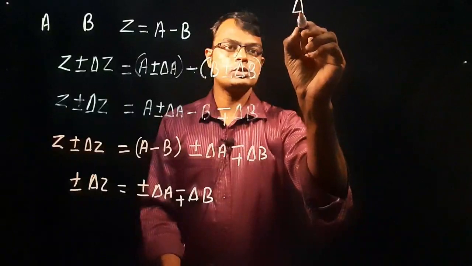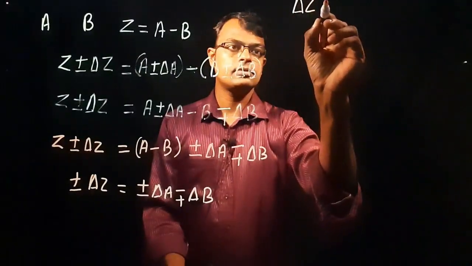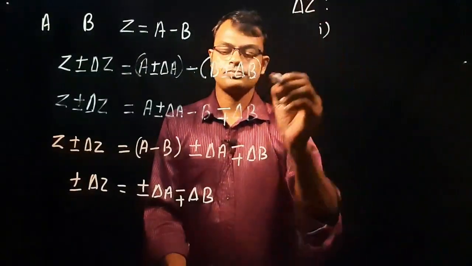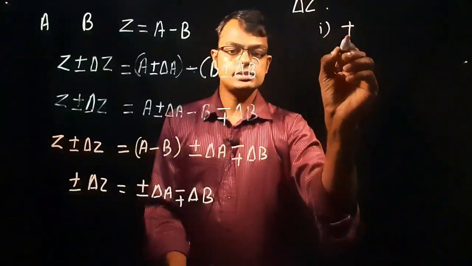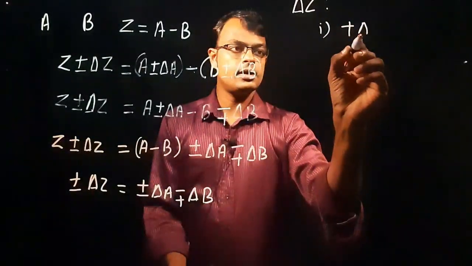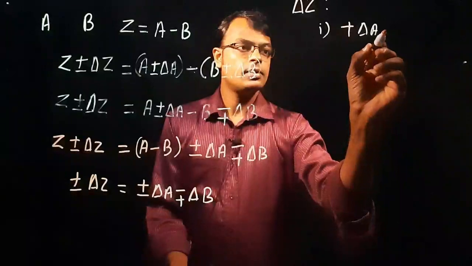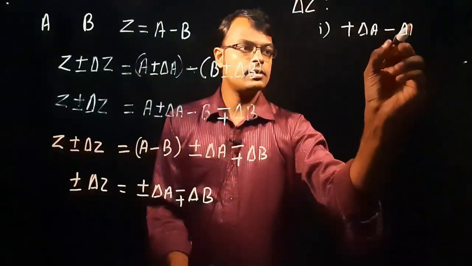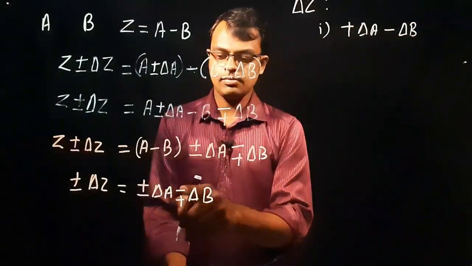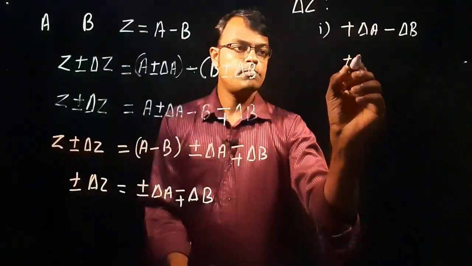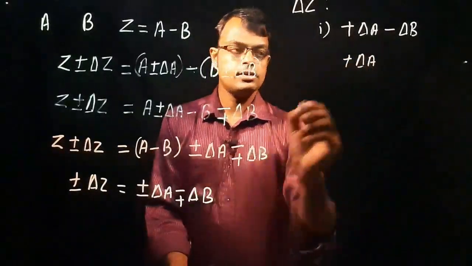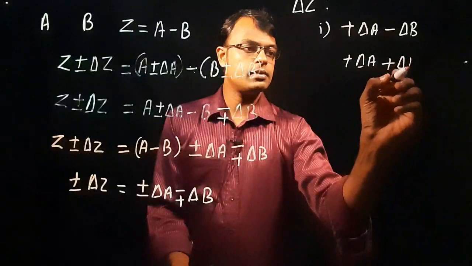The first one is plus delta a minus delta b, plus delta a plus delta b.